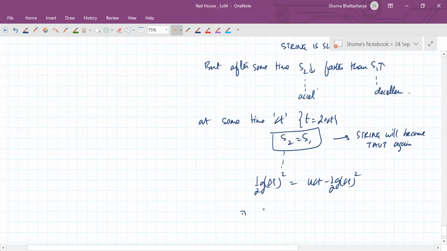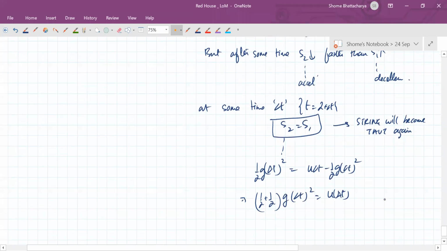So half plus half, that is 1 g delta t square, will become u delta t. Okay, so of course one solution is delta t equal to 0, but we won't take that because that's the initial one. The other solution of this is that delta t is u divided by g.